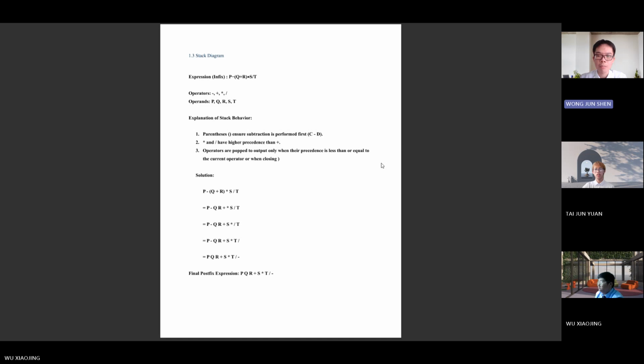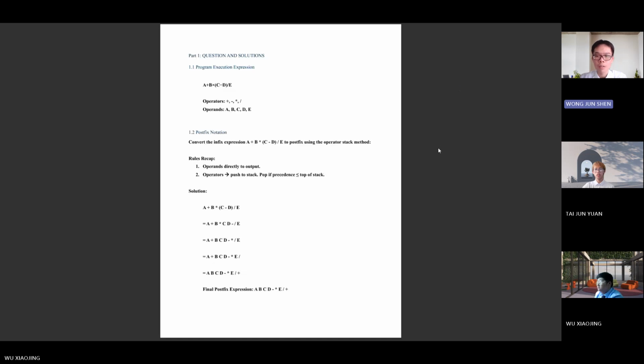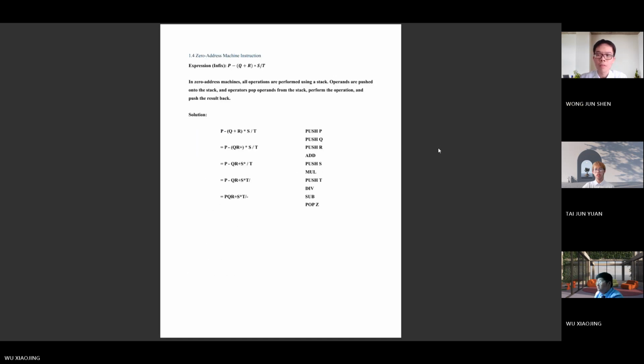For the zero address machine instruction, first is the zero address machine. This type of machine does not use an address in the instruction itself. Instead, it uses a stack for the expression P minus Q plus R times X over T. We simply push operands like P, Q, and R onto the stack.